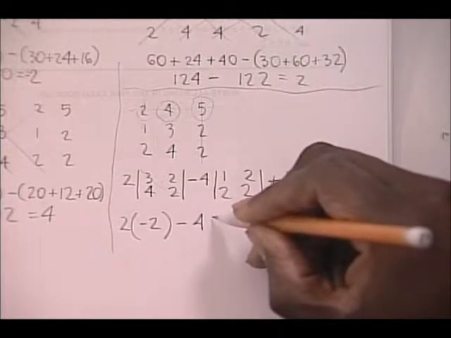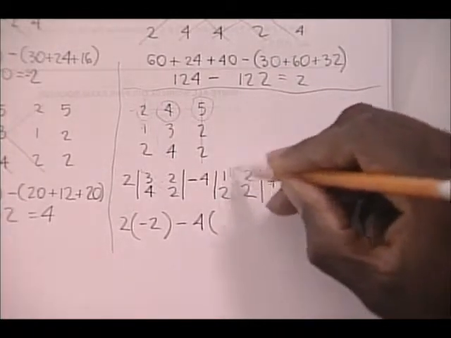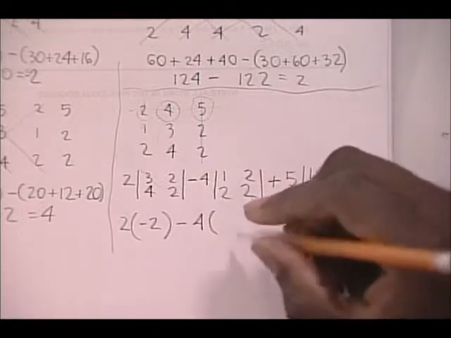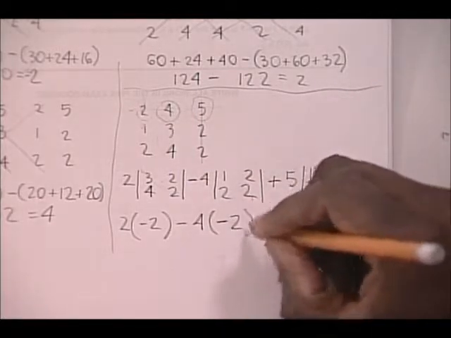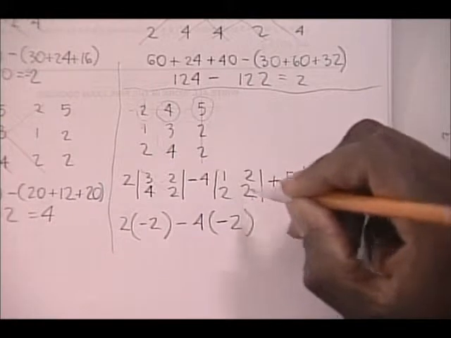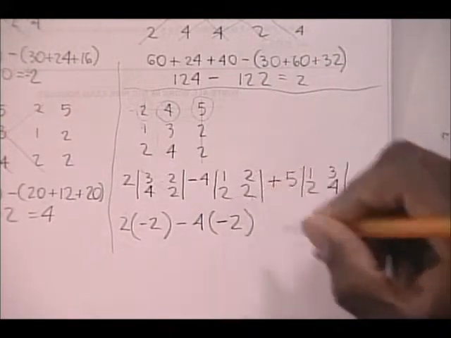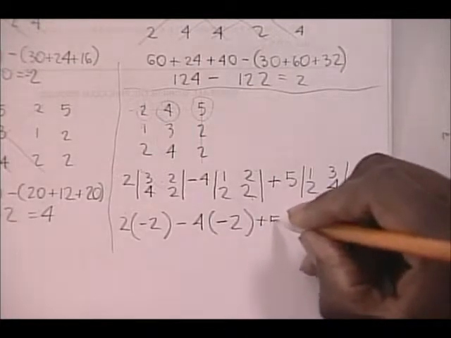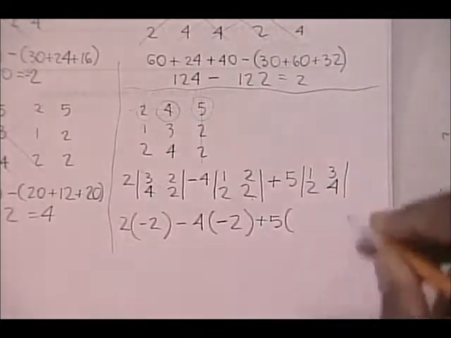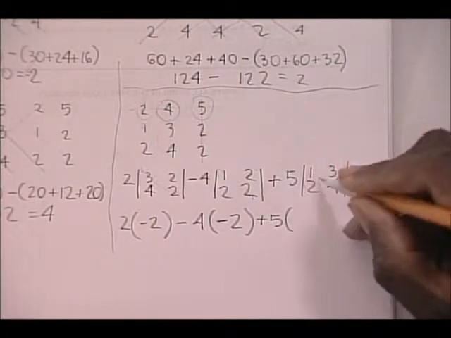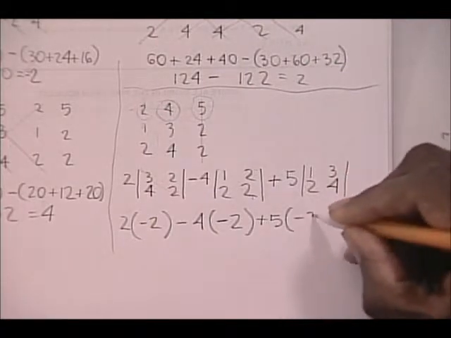Minus 4 times the determinant of this 2 by 2 matrix. You take this product, 1 times 2 is 2, minus 2 times 2 is 4. 2 minus 4 is a negative 2. Plus 5 times this determinant, which would be 1 times 4 is 4, minus 6 is a negative 2.